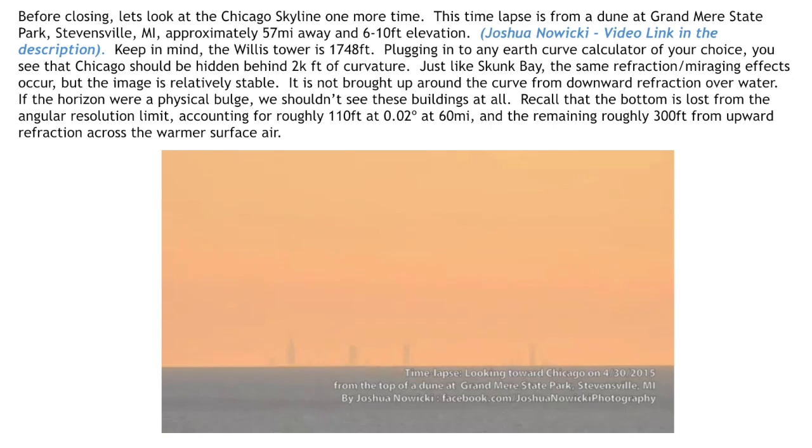It's just not happening. It is not brought up around the curve from downward refraction over water. It just doesn't occur. If the horizon were a physical bulge, we shouldn't see these buildings at all.